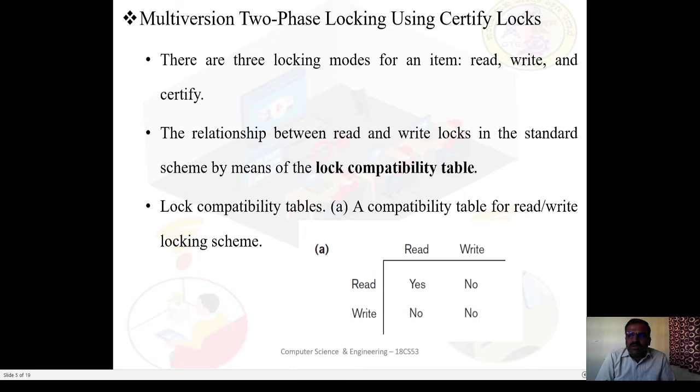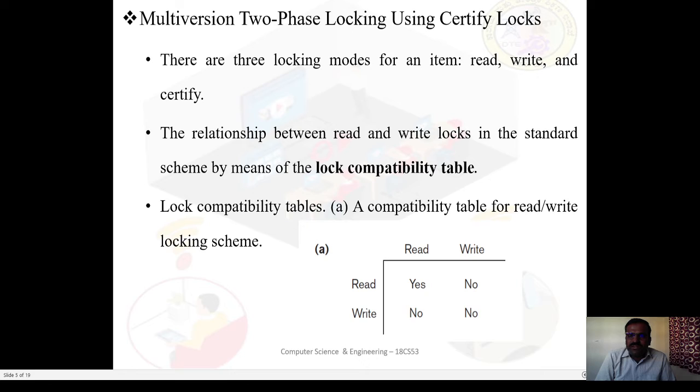We can describe the relationship between read and write locks in the standard scheme by means of the lock compatibility table.